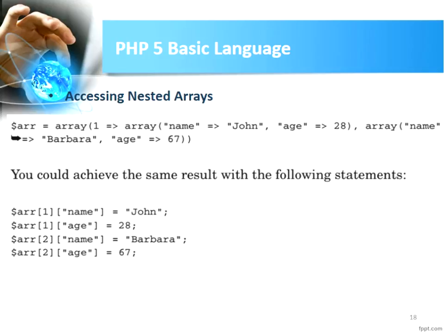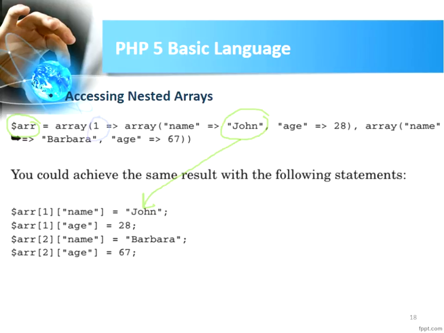On this slide we will see how we can access nested arrays. In my example, I have an array. The name of this array is $arr, and in this array, I have two nested arrays.